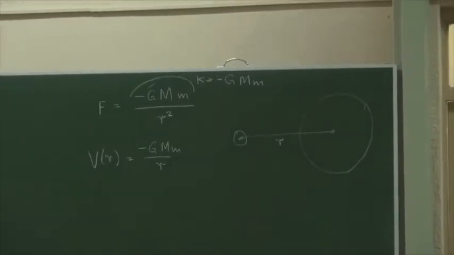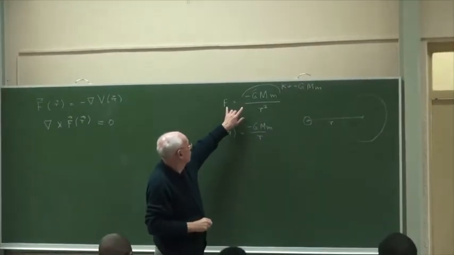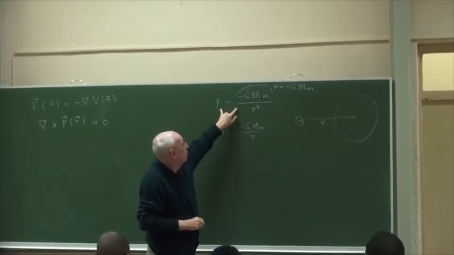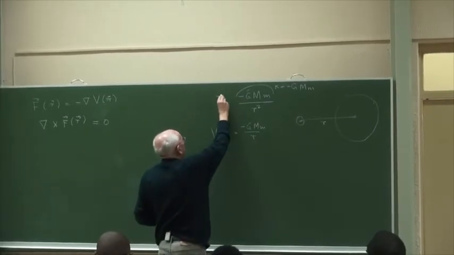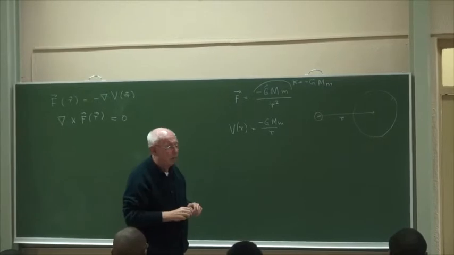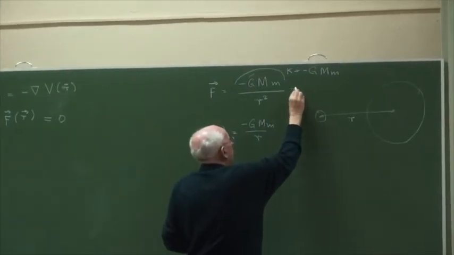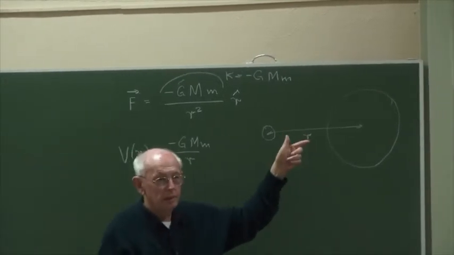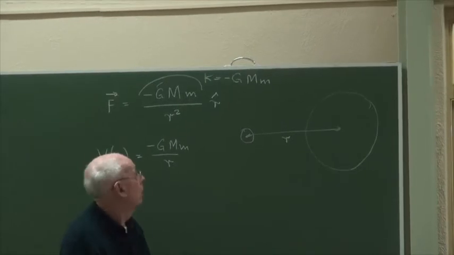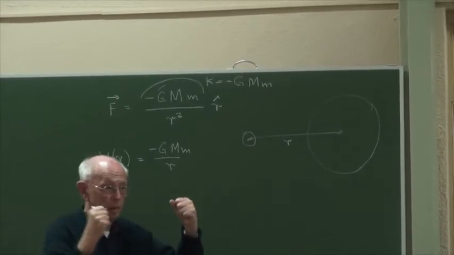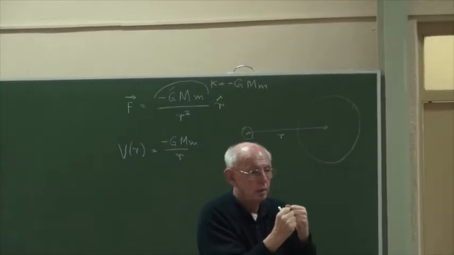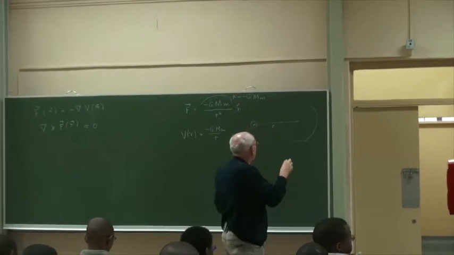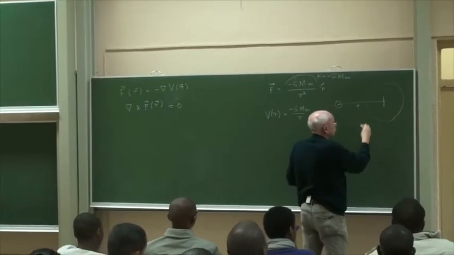Am I finished? Oh no, was this right? This is a vector. So it's a unit vector in the r direction. Why is it minus? Because there's attraction. If I measure r, it depends from where I measure r.